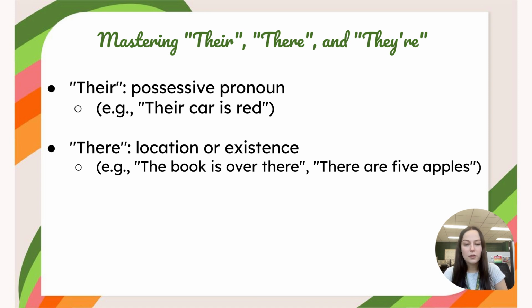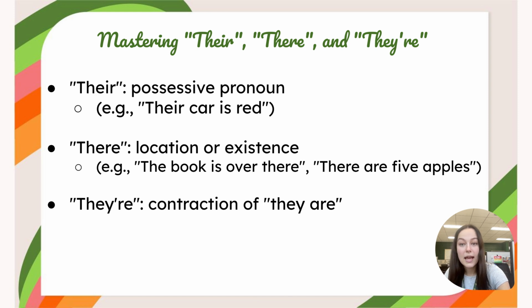This one, although it is the default, I think a good way that I've been able to understand the different theirs is by really knowing that there with the I is a possessive pronoun, and then that this there is a contraction of they are. So kind of like a process of elimination approach is what I've taken and been successful with. Or if you're able to remember that this there is only used when talking about like a location or existence, that is then awesome and great for you.